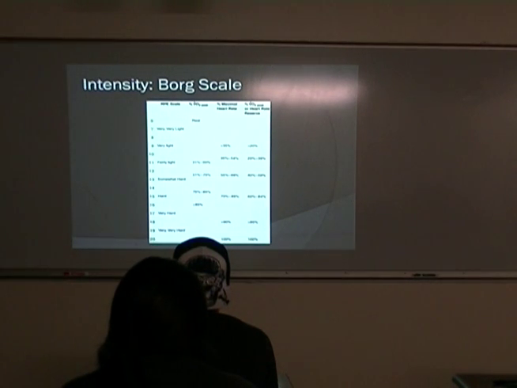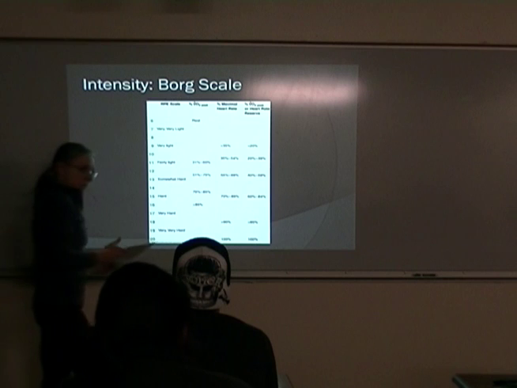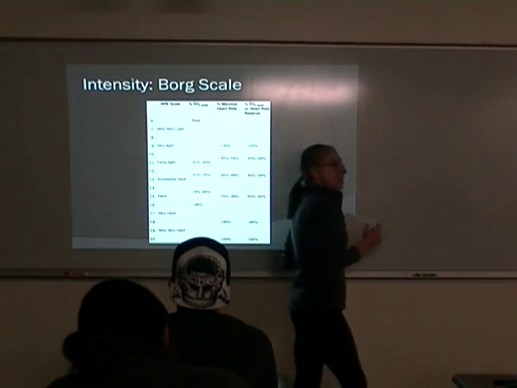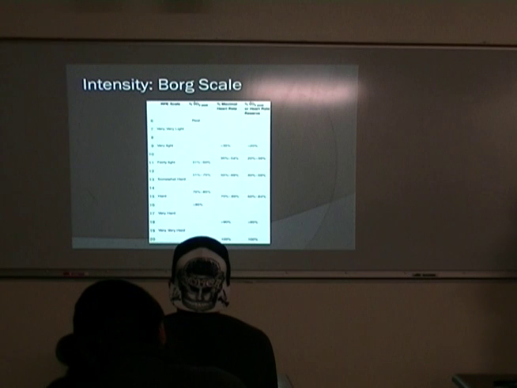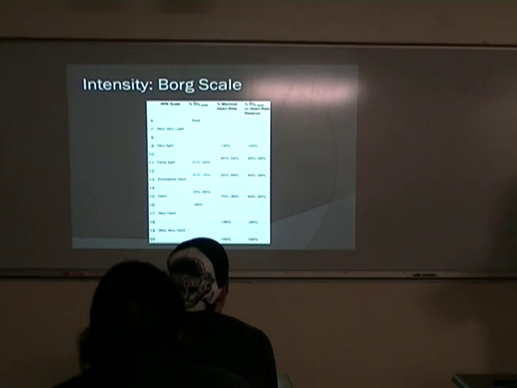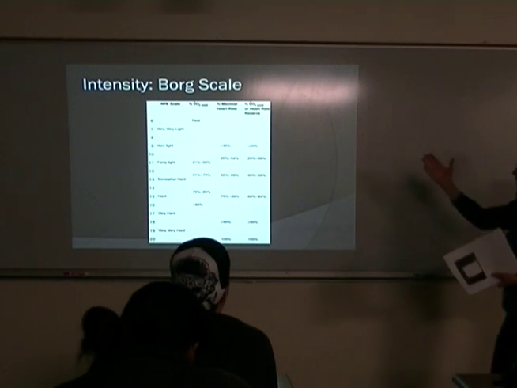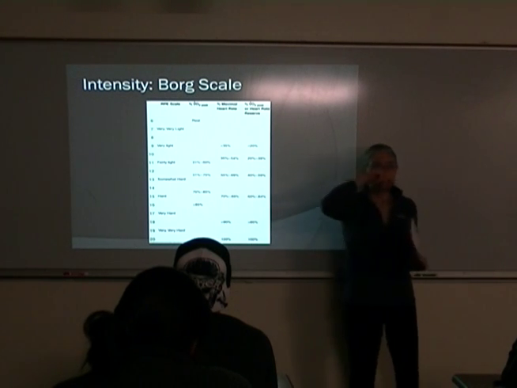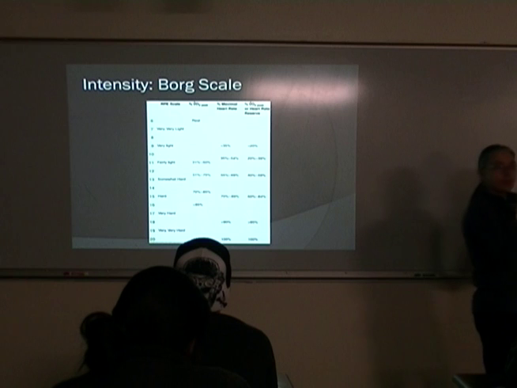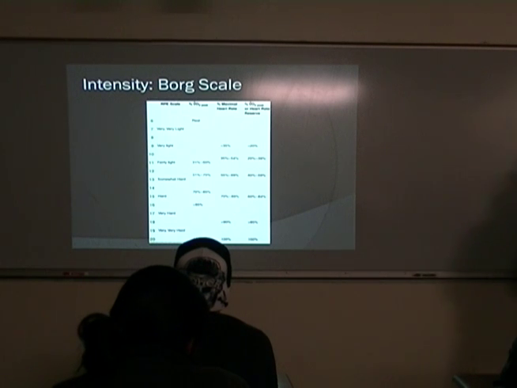All right, so another one you're going to see is something we call an RPE. It's a rating of perceived exertion. This particular one is a Borg scale 6 to 20. There are RPE scales that run 1 to 10.